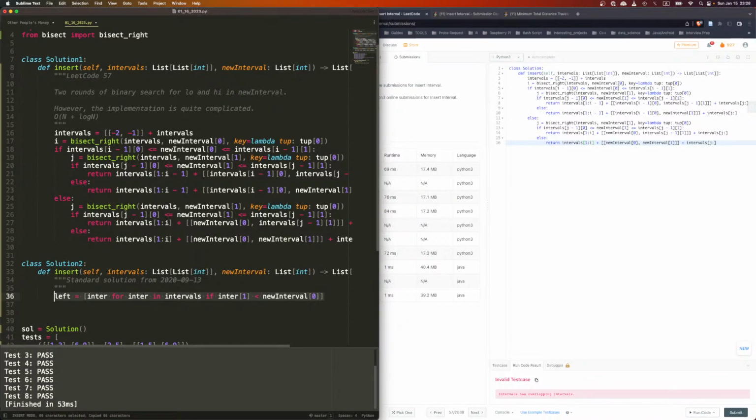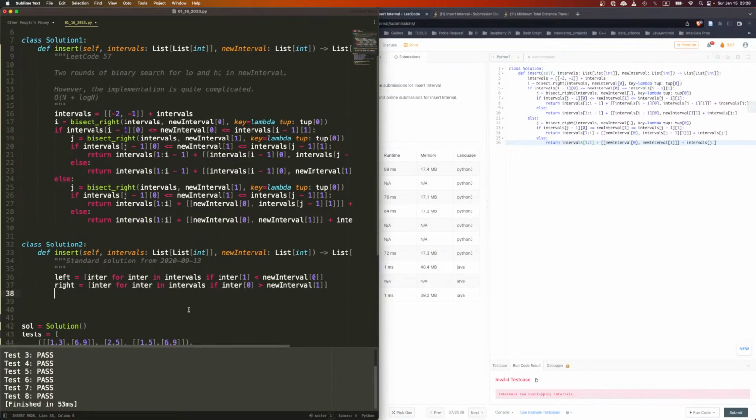Okay, we'll do right: for each interval, if new 0 is larger than the interval. If left plus right is not equal to intervals, we do have overlaps.